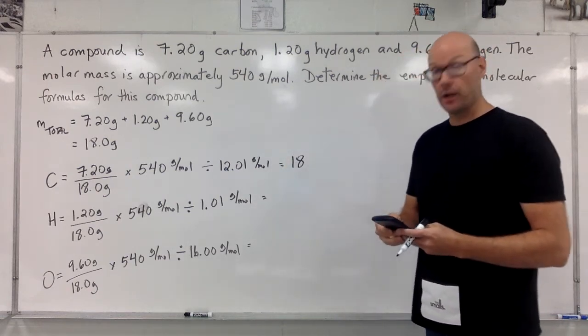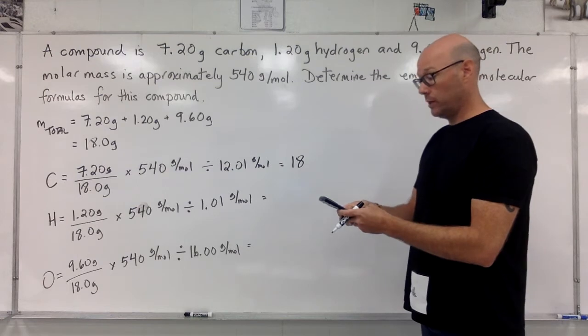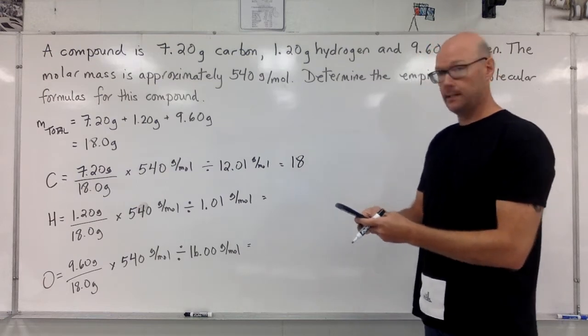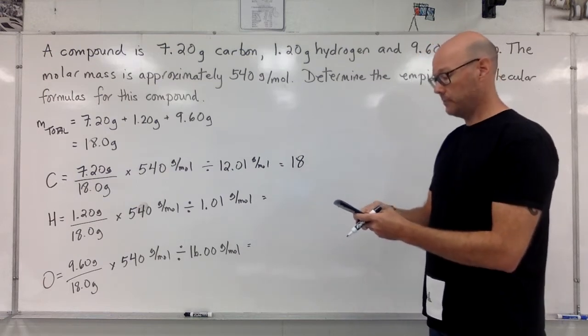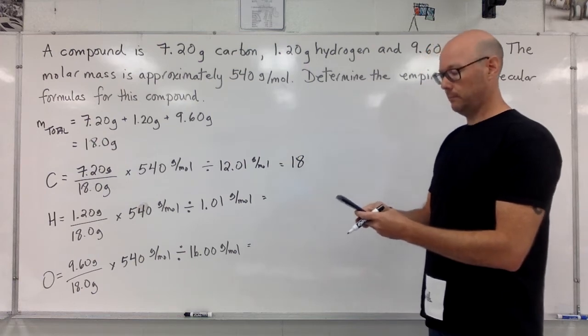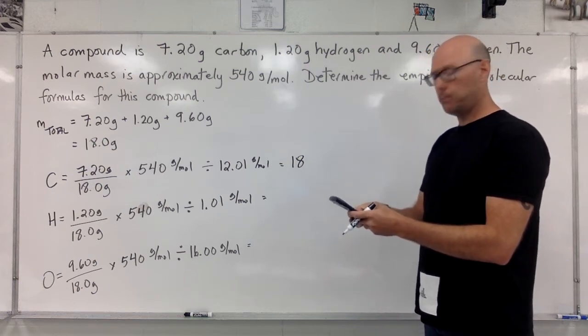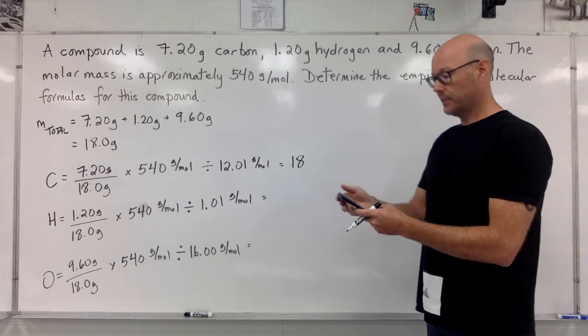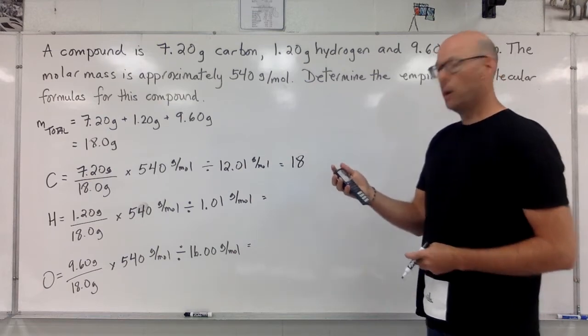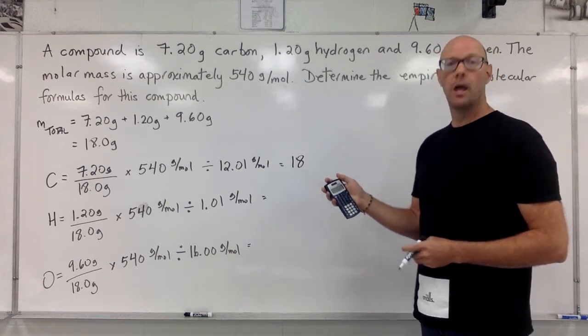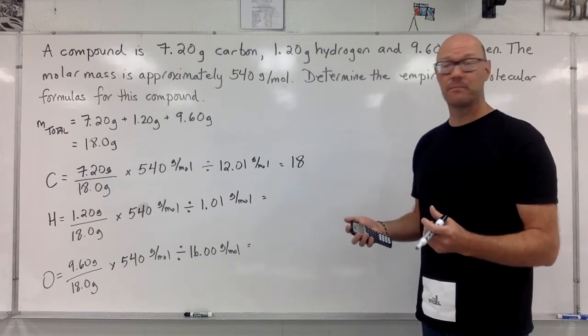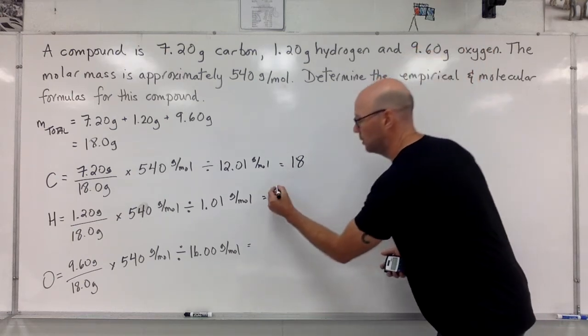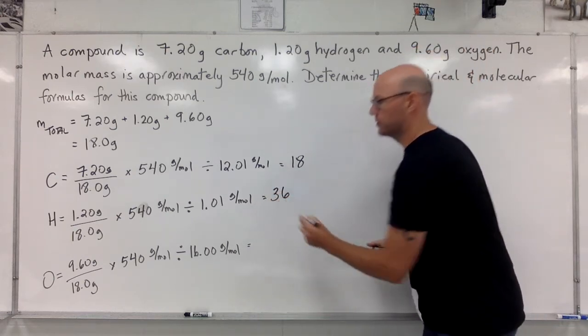Do the same thing for the hydrogen. 1.2 over 18 times 540 divided by 1.01. This gives me 35.64. 35.6 rounds up to 36.